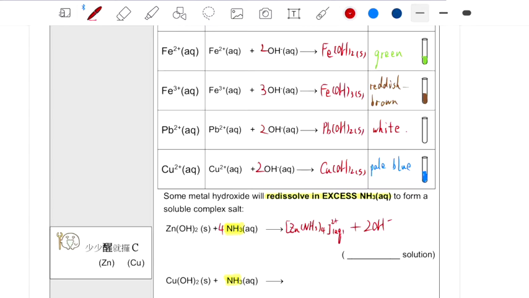Okay, so the soluble complex forms a colorless solution as well.